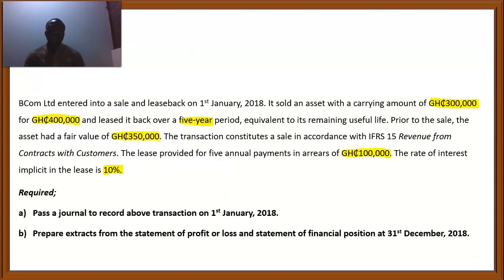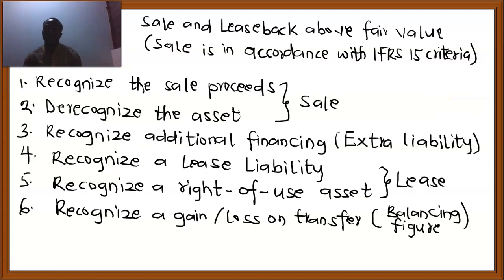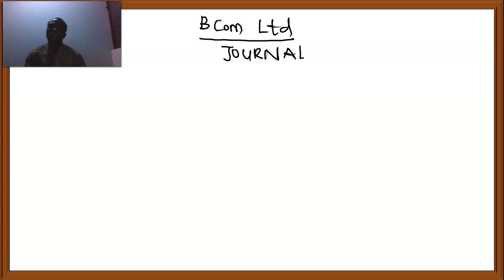In A, we are required to pass a journal to record the transaction. So I'm preparing a journal for Become Limited. We have debit and credit.